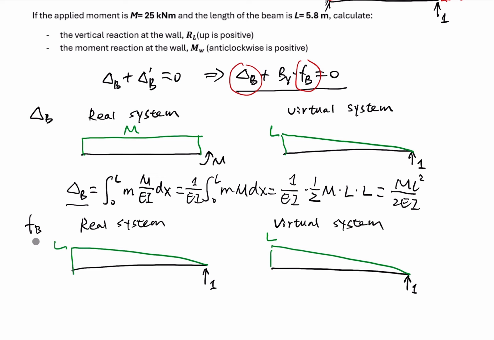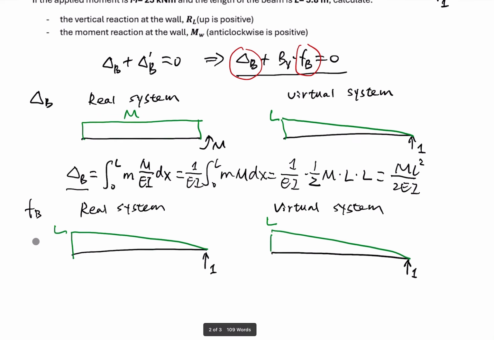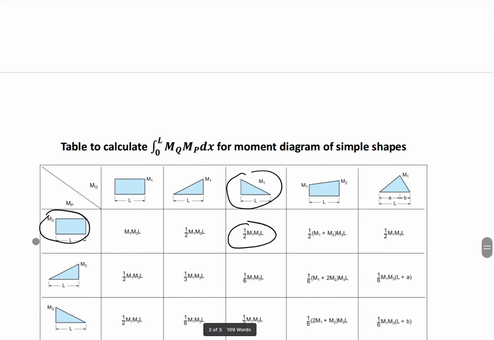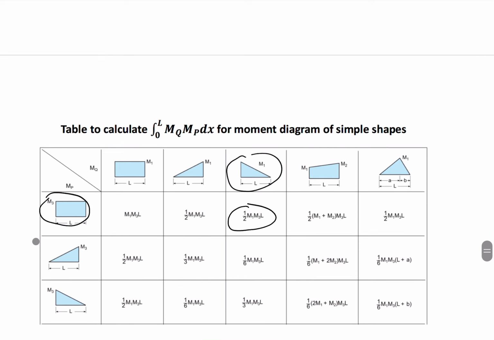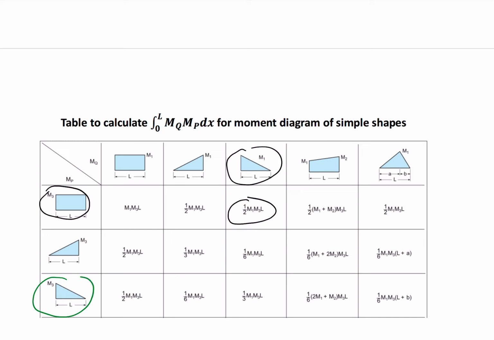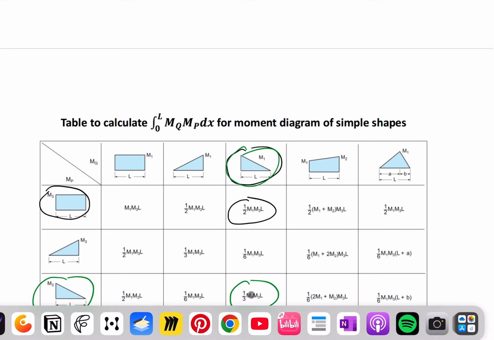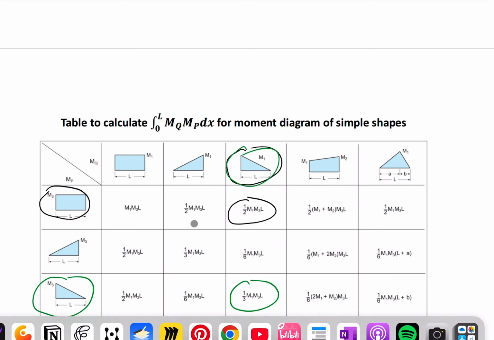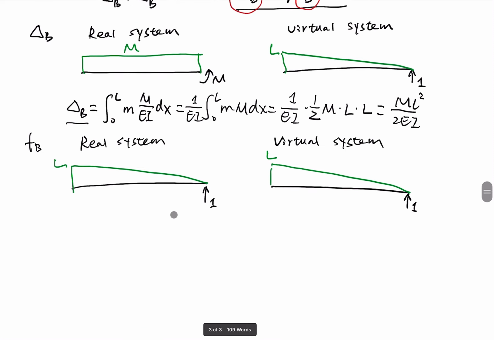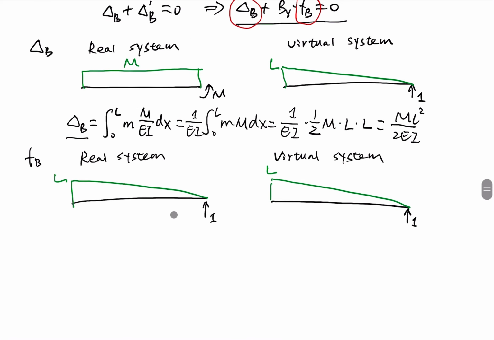Okay, so once we know this bending moment diagram, we can apply the visual integration method, not virtual, visual integration method. We have a triangle over here, a triangle over here, so the result will be 1 over 3, M1, M3, and L. Once I got this, we can evaluate the FB.